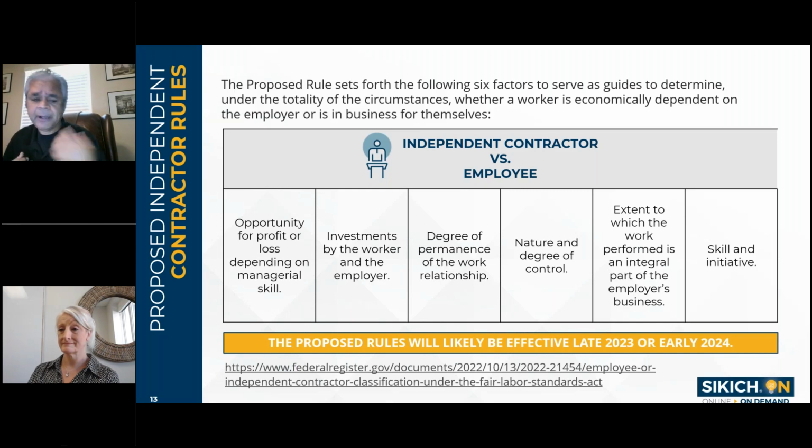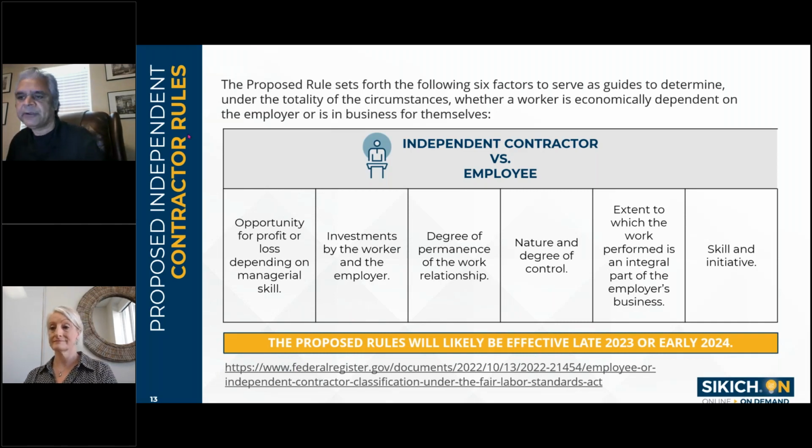So currently today, as you know, we say a person is an independent contractor if they work on their own, they make their own time, they have their own computer, and all those things, which is very simple and sometimes easy to decipher as to who qualifies as an independent contractor versus an employee. Okay, now there's a proposal out there that goes very much beyond those original things that they have considered to classify the person as an independent contractor or an employee.